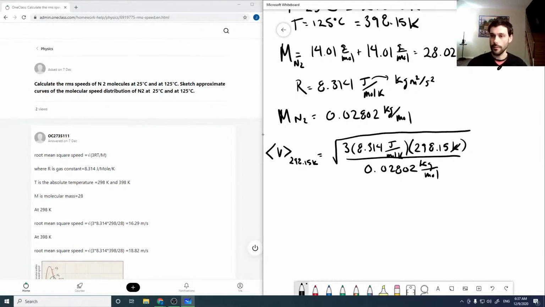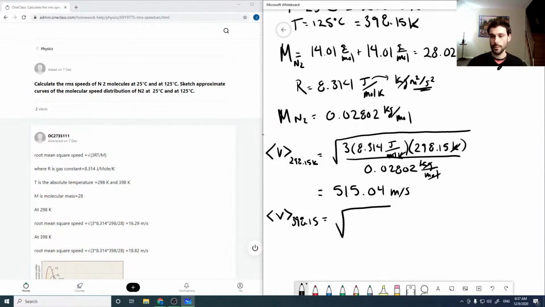And so the Kelvin will cancel, the mole will cancel, and the kilogram is going to cancel with our kilogram in here, leaving us with meters squared per second squared, which is good, because when you take the square root of that, our speed is going to be in meters per second, which is the appropriate units. So if we run this through on our calculator, we get 515.04 meters per second.